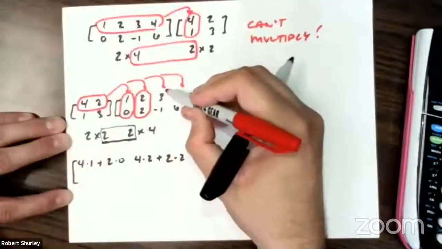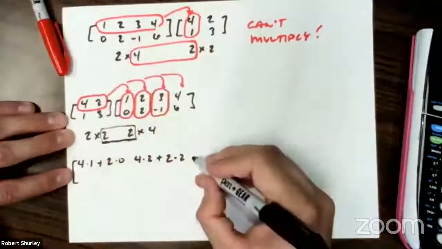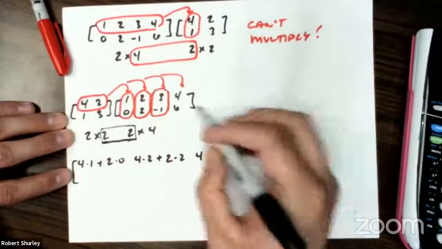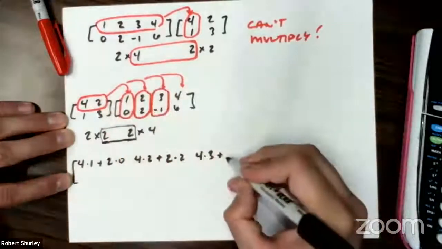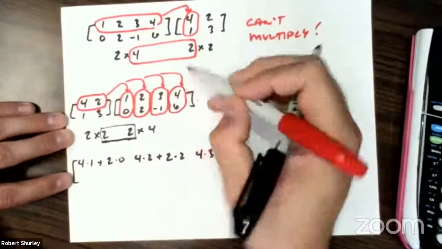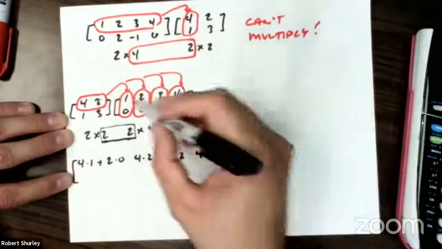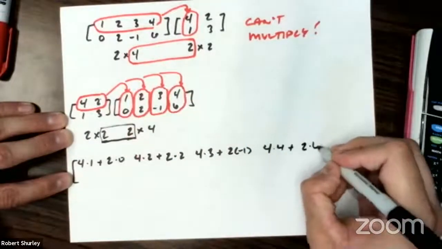The next column, 4 is going to be on top of the 3 plus 2 is going to be on top of the -1. The last one, 4 is on top of the 4 plus 2 is on top of the 6.